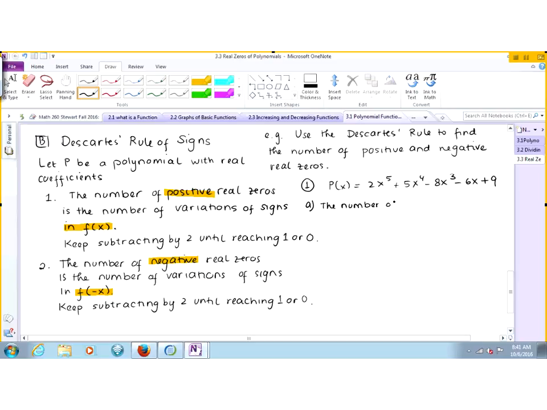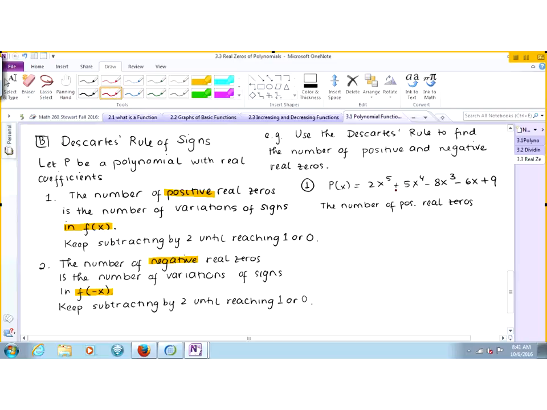So the number of positive real zeros. What would you do? We're going to count the variation of signs, right?